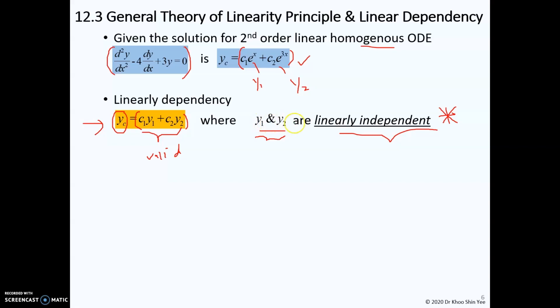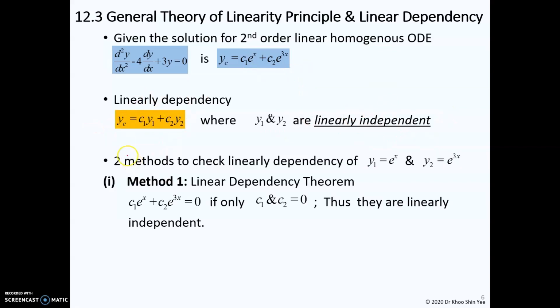If y1 and y2 are linearly independent, then yc can be combined in such a linear combination. If y1 and y2 are linearly dependent instead, then we cannot form this linear combination. We can use 2 methods to check the linear dependency of the first solution and the second solution.